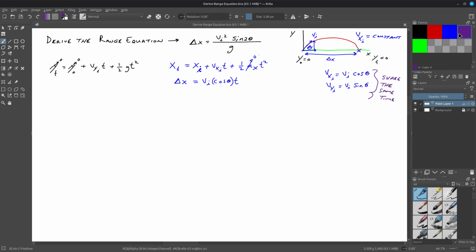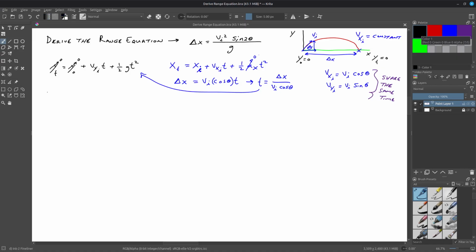Well, that allows us to solve the x direction. We could put t equals delta x over v initial cosine theta. That's going to be applicable. Now we can substitute this t in for these t's.